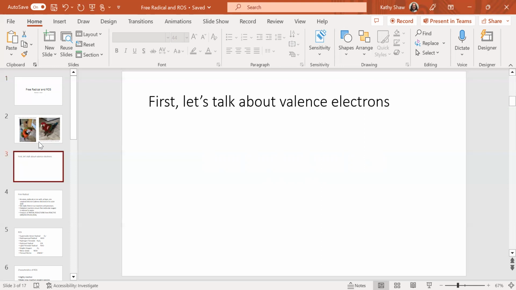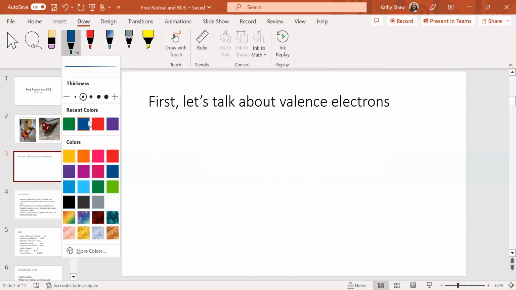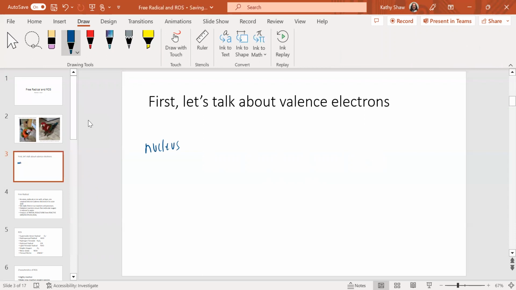So remember back in general chemistry, you were drawing an atom and you felt like you were drawing planets orbiting around the sun. What you did is you drew the nucleus. So you had your nucleus and you had some protons in there, you had some neutrons in there.